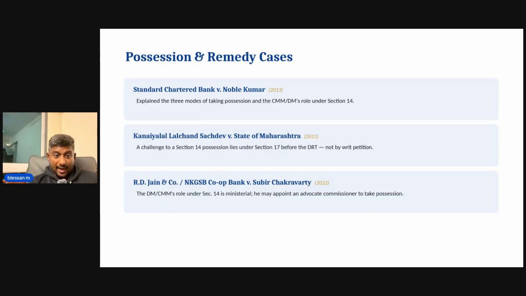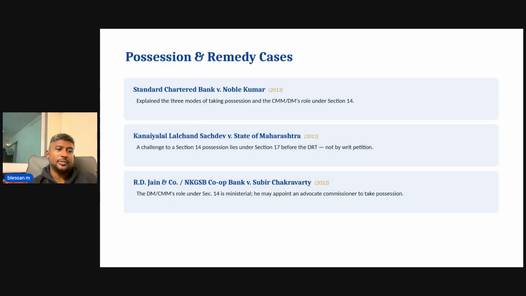And RD Jain versus Subir Chakravarti. This is a very important case. It was held that the role of the DM during a Section 14 possession application is only ministerial, which means they cannot apply discretion.